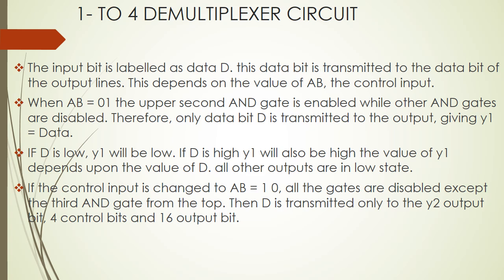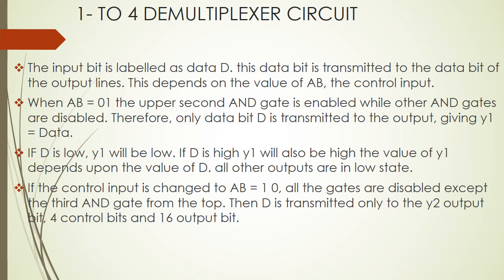All output lines are connected to this one line, which is the data line, the input line. This depends on the value of AB, the control lines, to which all AND gates are connected. The outputs are only connected to the data line, which is the input.